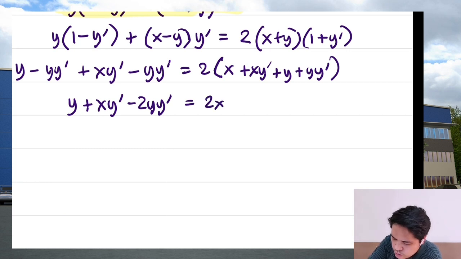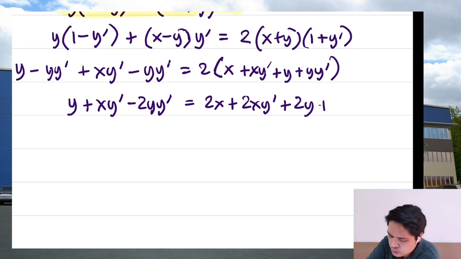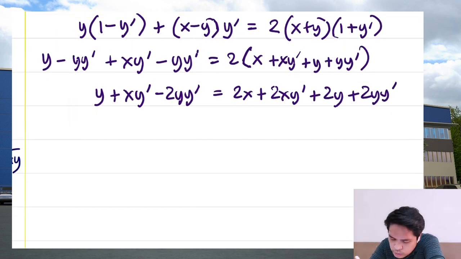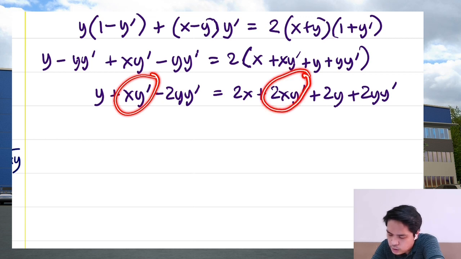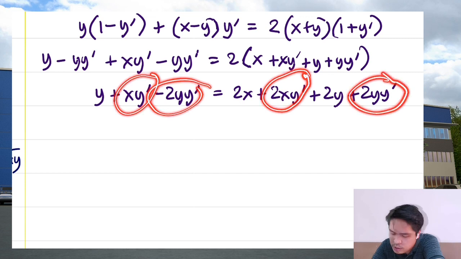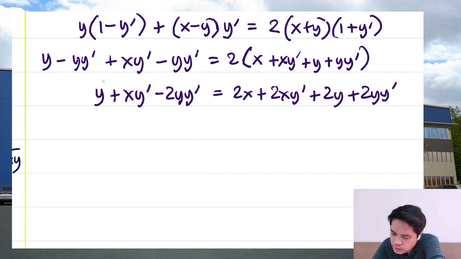So 2x plus 2xy prime plus 2y plus 2y prime. Okay, next we'll combine those terms na similar or like terms. So this one and this one would be combined, and also y prime, this one and this one. Okay, and also y could also be combined.